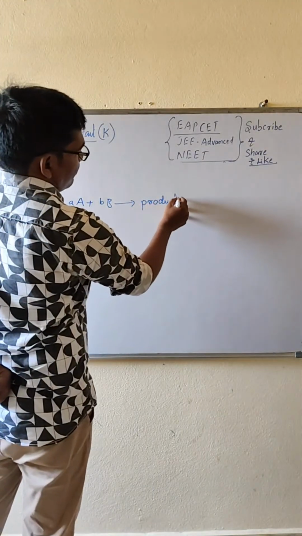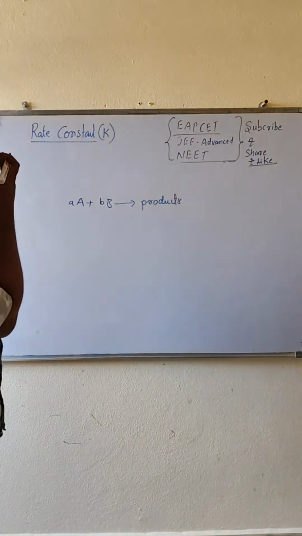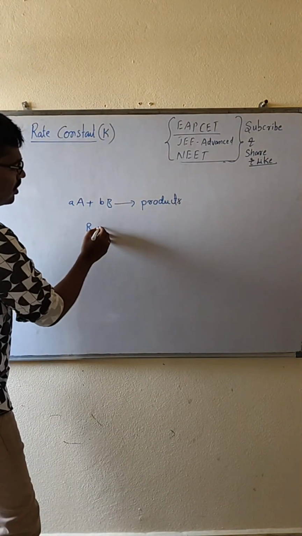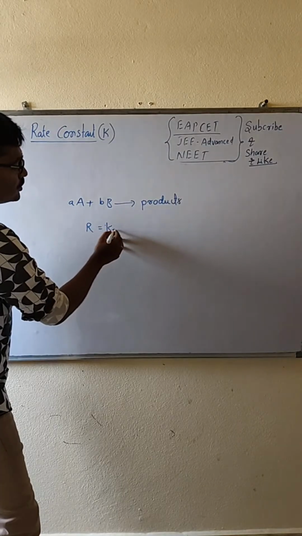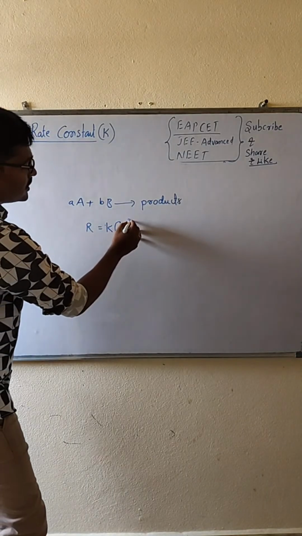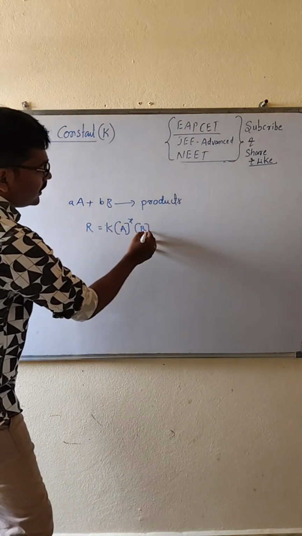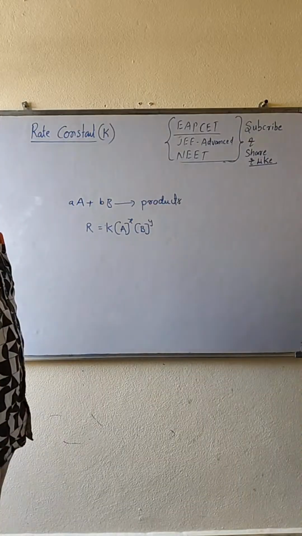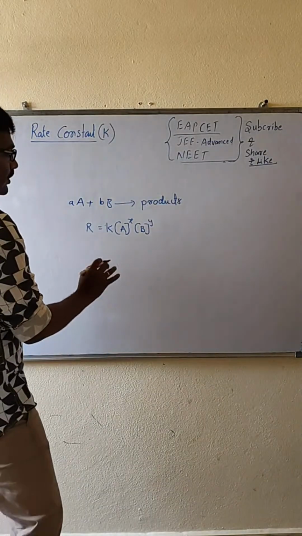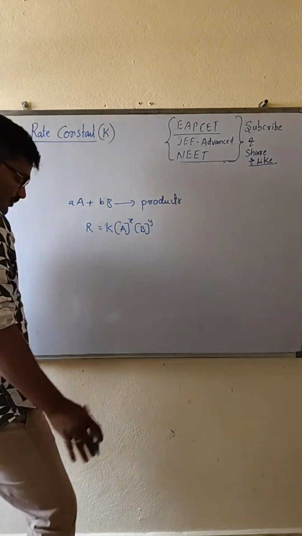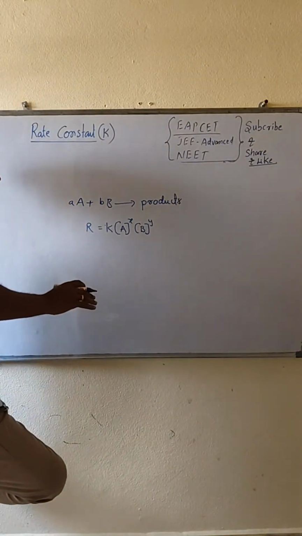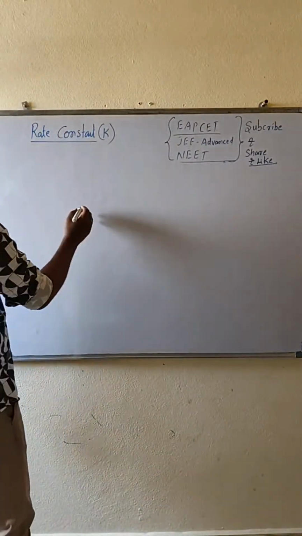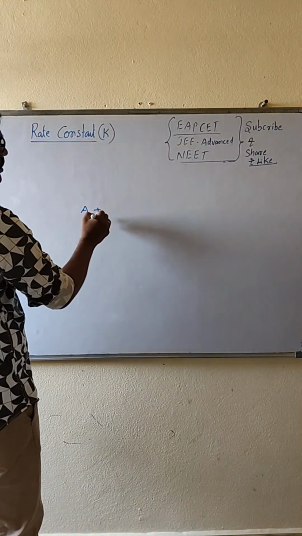This is the reaction, right? How do we express the rate law for this reaction? R equals k into A power x, then B power y, right?